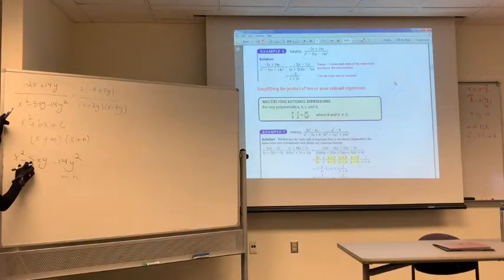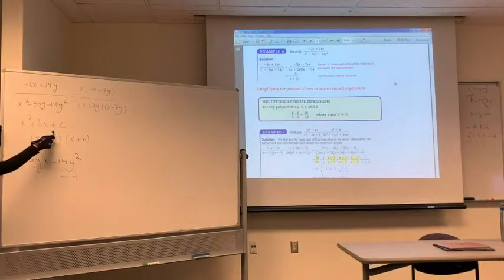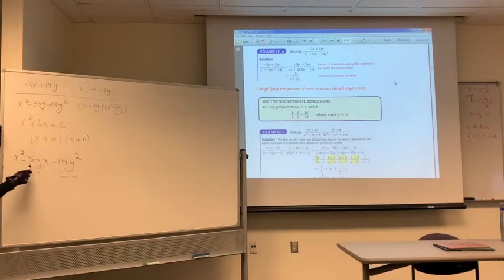So instead of negative 5xy, let's write down negative 5x. And then you know this one is b. Correct? X squared plus bx plus c. Compared with this one, b is negative 5y. Correct?